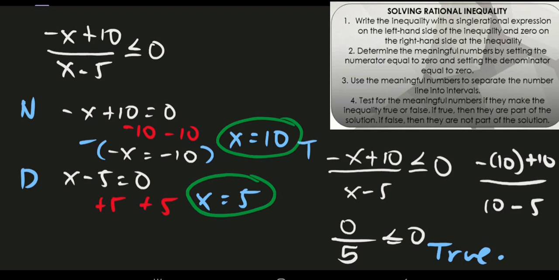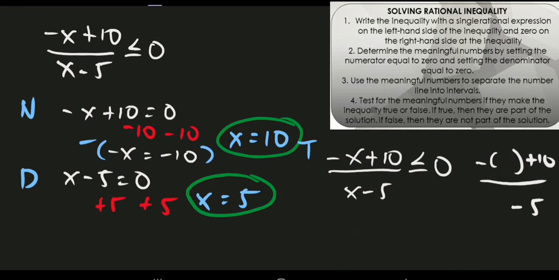Okay. So next, let's try to use our denominator, wherein we have x as 5. So if x is equal to 5, therefore it will give us negative 5 plus 10 all over 5 minus 5. So let's simplify. Negative 5 plus 10 is equal to 5 all over 5 minus 5, that is equal to 0.